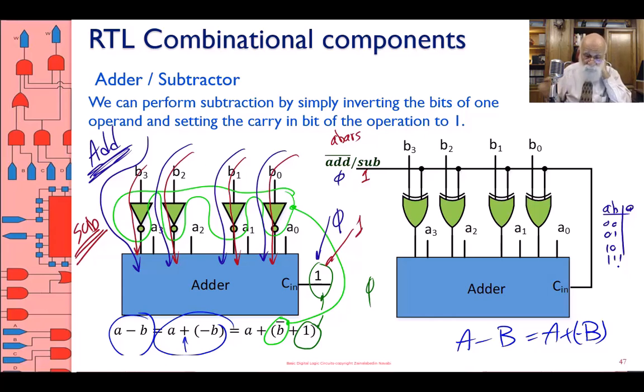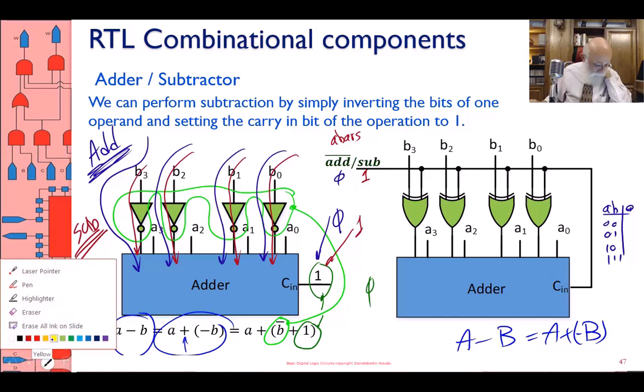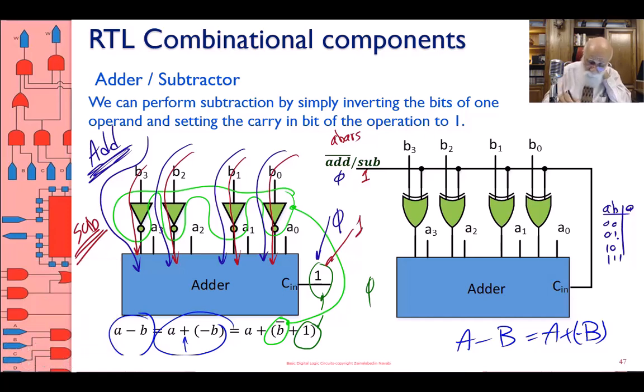Okay? In the situation that A is 0, let's say A is the control. The output is 0, 1.